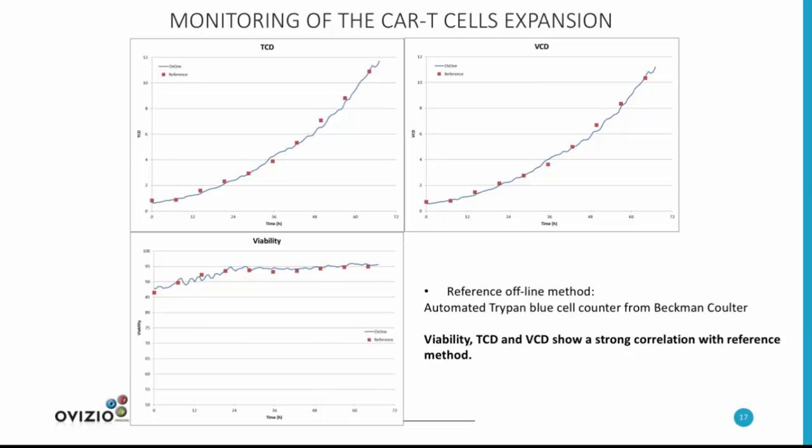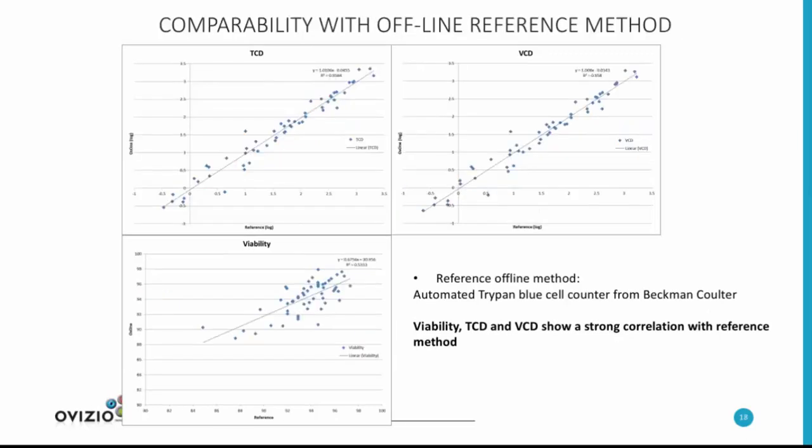The graphs align more or less perfectly, so that already indicates that the results generated by both methods are very comparable. If we dig a little deeper into the statistics and calculate an R-square score, then we see for TCD and VCD that the R-square score is very close to 1, in both cases 0.95.